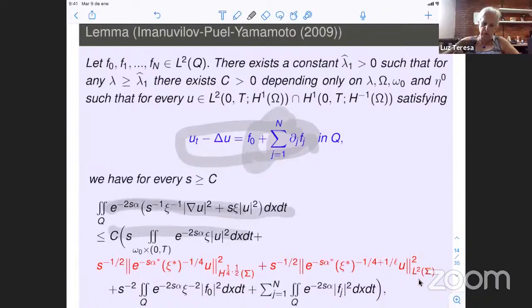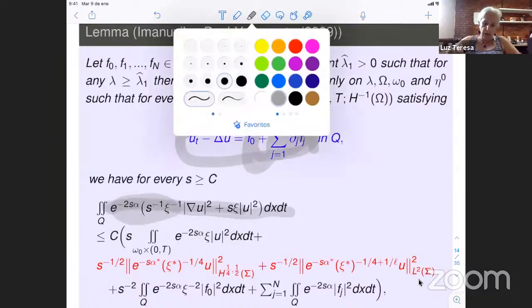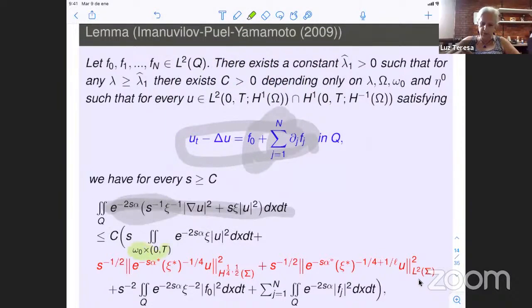So you see this weight in front of the gradient of the function and in front of u, and they are able to bound it by a local term that is related to the control region, also with the weight.